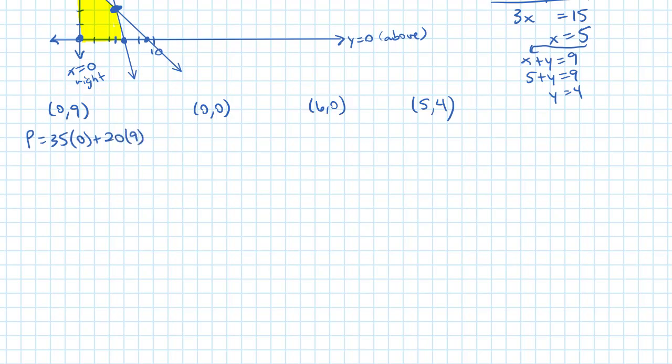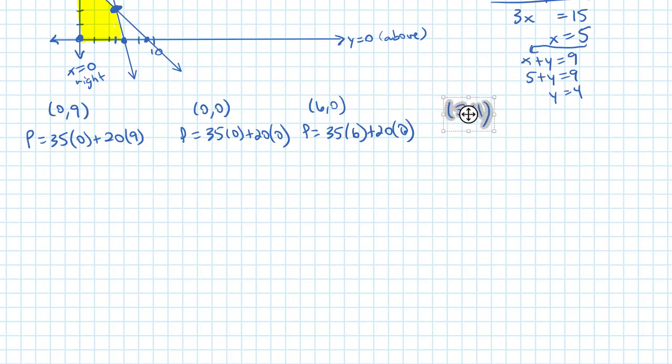So in this case, 0 for x, 9 for y, so 35 times 0 plus 20 times 9, 35 times 6 plus 20 times 0, and last we've got 35 times 5 plus 20 times 4. So now we just need to calculate our profit for each of these.